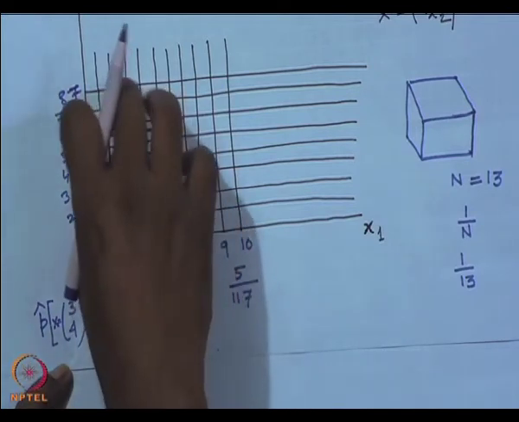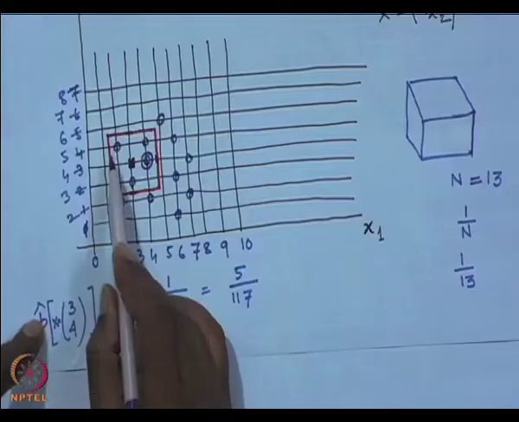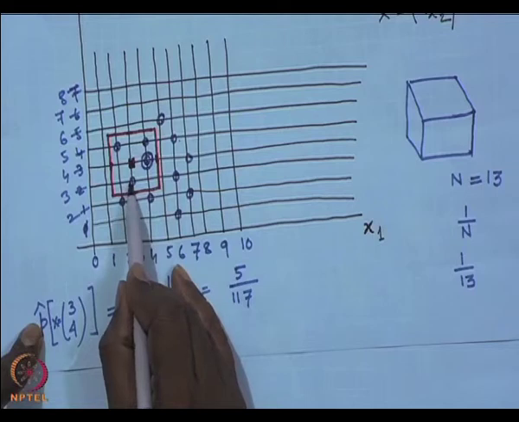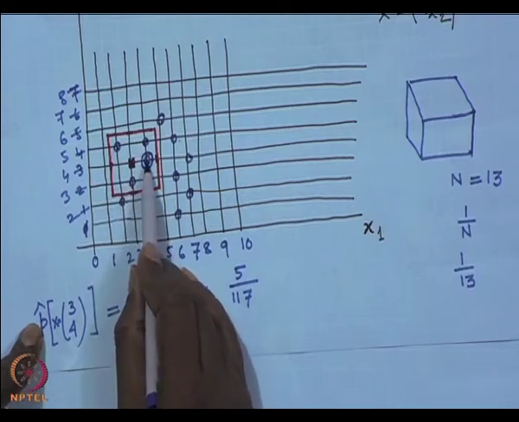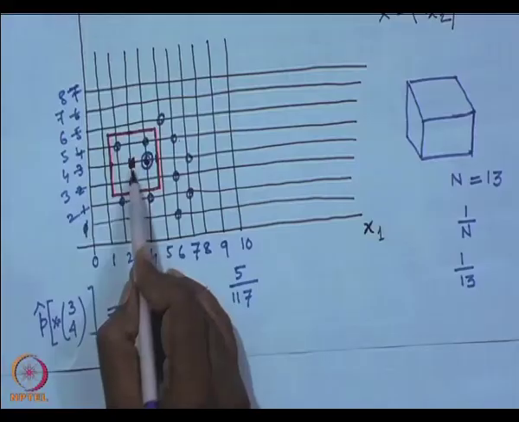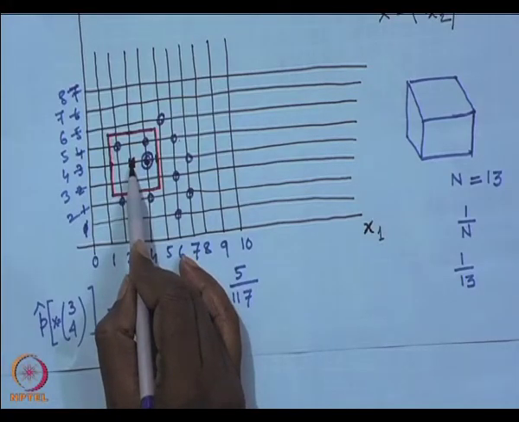So, how have we been able to do it? Simply by placing the box and counting the number of samples within the box. It is equivalent to placing a box over here, a box over here, and 2 boxes over here, then finding out how many of these boxes are superimposing at location 3, 4.